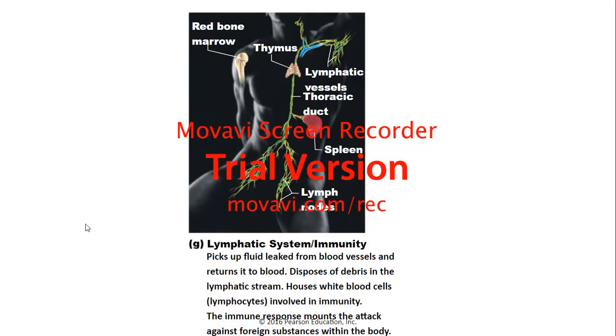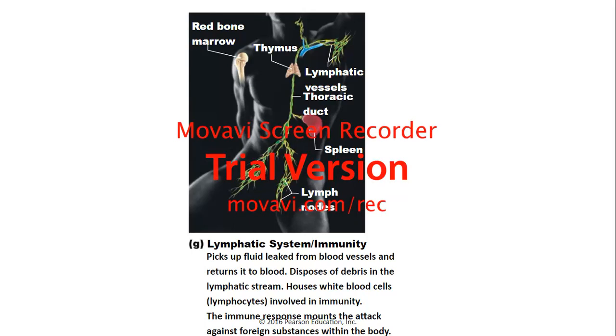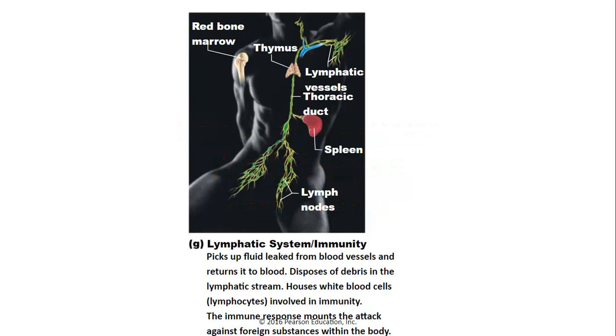Lymphatic system, again, we don't really talk about the lymphatic system until anatomy 2. But essentially, as the blood is going throughout the body, from the arteries to the veins, and it goes through the capillaries, some of the fluid is going to seep out into the interstitial space. That fluid is going to be picked up by the lymphatic system.